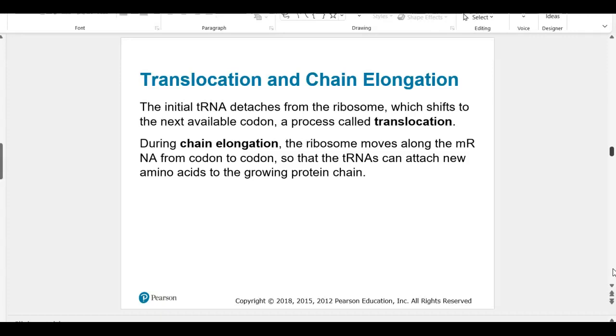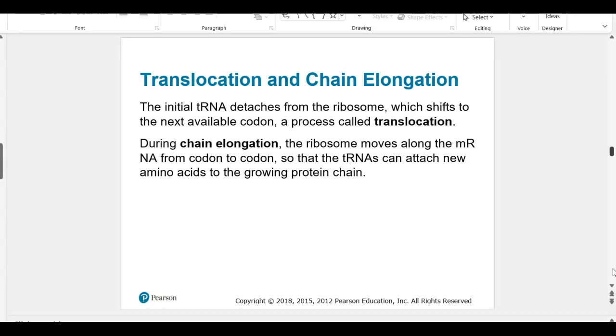This is called translation. The initial transfer RNA detaches, the ribosome moves to the next codon, and the next transfer RNA attaches. It moves codon to codon, so the transfer RNAs can keep attaching new amino acids.